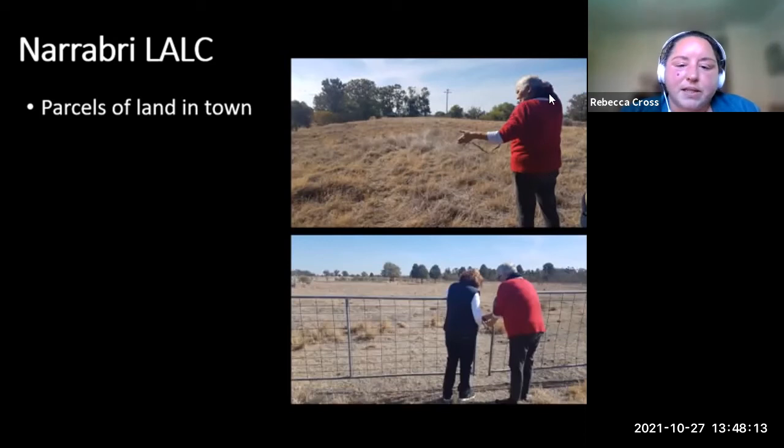There are other parcels like this one here, the top photo, where Lynn is showing us an Aboriginal burial site. And she talked about how much work the Land Council has to do to look after this site because it's right next to a football field. And so, you know, they've put up maybe 7 or 8 different types of gates with different types of locks to try and keep people out.